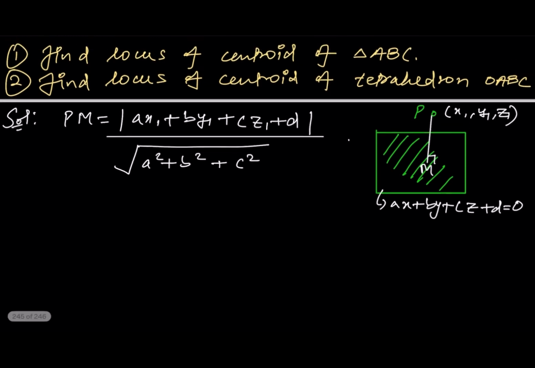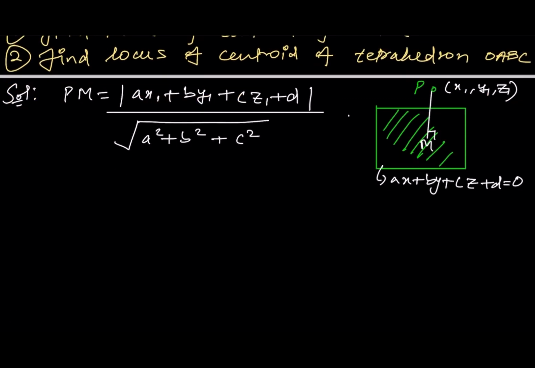Now let us go according to the question. Again, this is the Cartesian plane, this is the x-axis, this is the y-axis, and this is the z-axis. A plane meeting the coordinate axes at A, B and C, as given in the question.